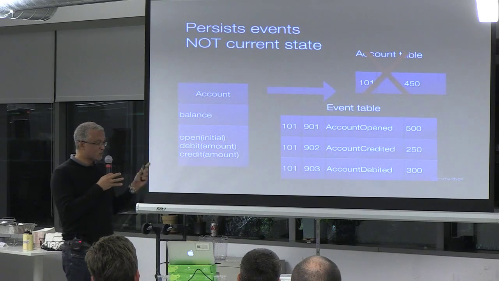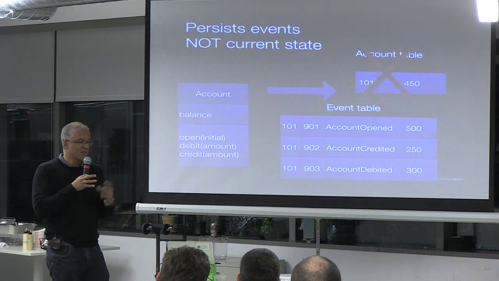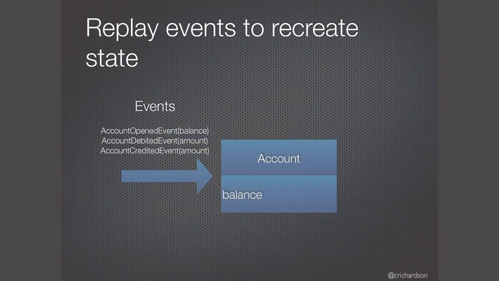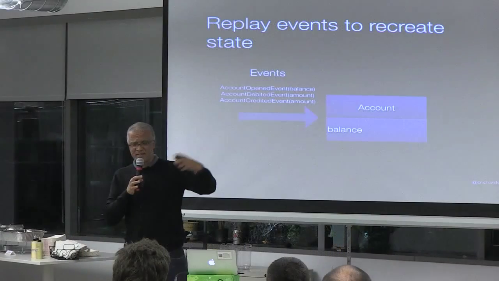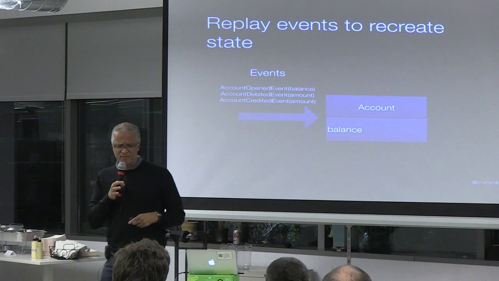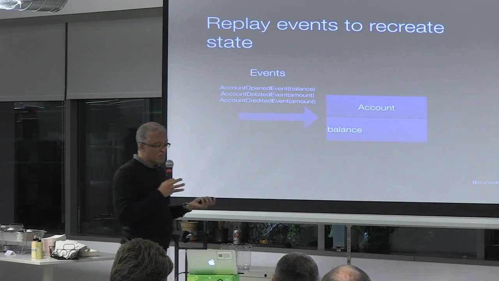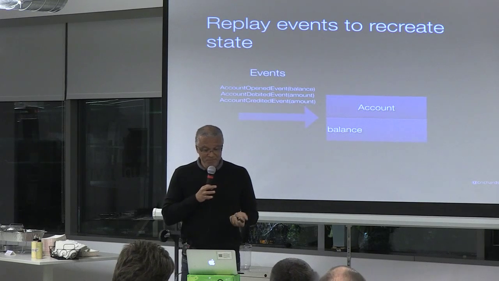So you just store all of the state changes for each of your entities. And then if we need the current state, we just load all of the events and replay them. Later on, you'll see how that's really just doing a left fold over the sequence of events, and that will reconstruct the current state.